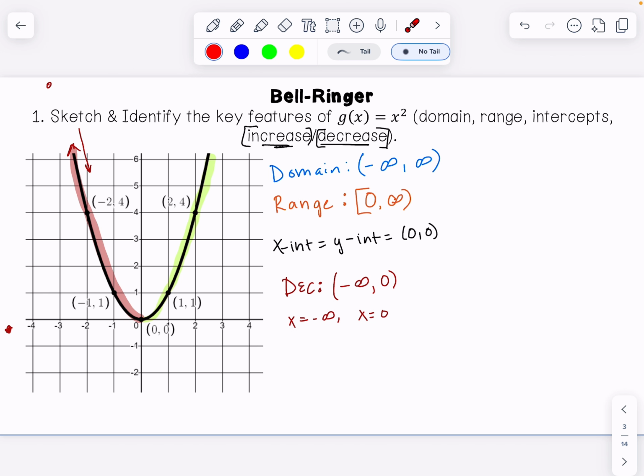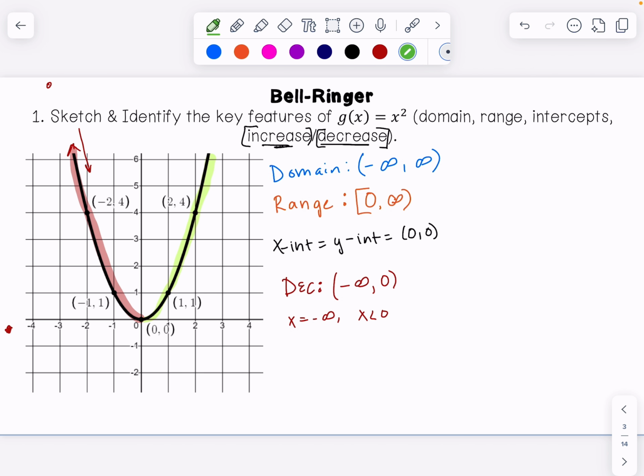Well, it's really in neither, because at the very bottom of my hill, I'm no longer going down, nor have I started going up. So that is why it also gets a soft bracket, is that I'm decreasing all the way up until I get to 0. So if I want to be very specific, I could actually change this to I'm decreasing from x equals negative infinity all the way until we get to 0, where x is less than 0.